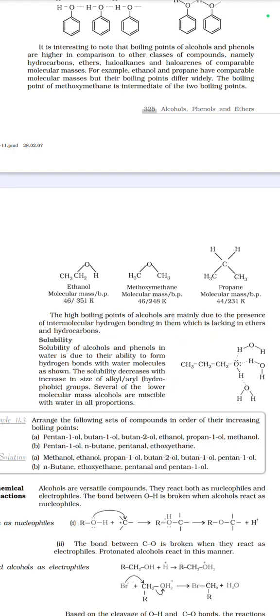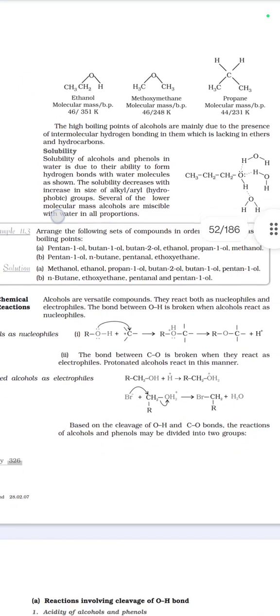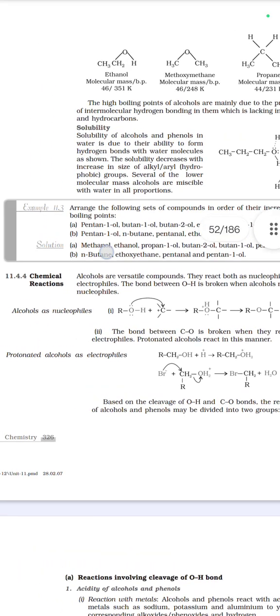For example, ethanol and propane have comparable molecular masses, but their boiling points differ widely. The boiling point of methoxymethane is intermediate of the two boiling points. The high boiling points of alcohols are mainly due to the presence of intermolecular hydrogen bonding in them, which is lacking in ether and hydrocarbon.